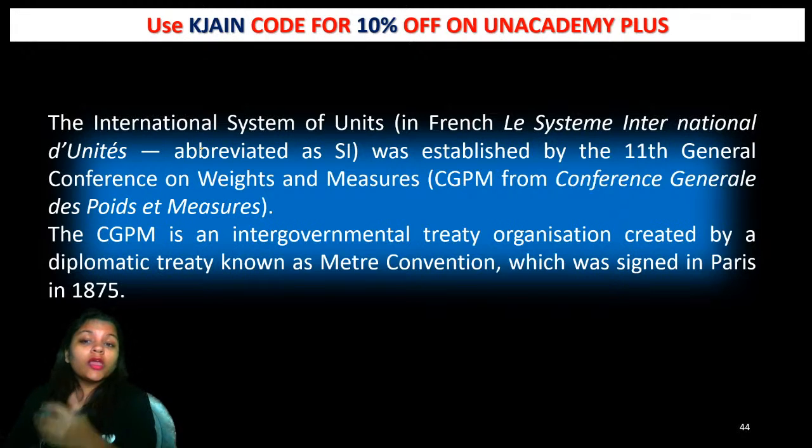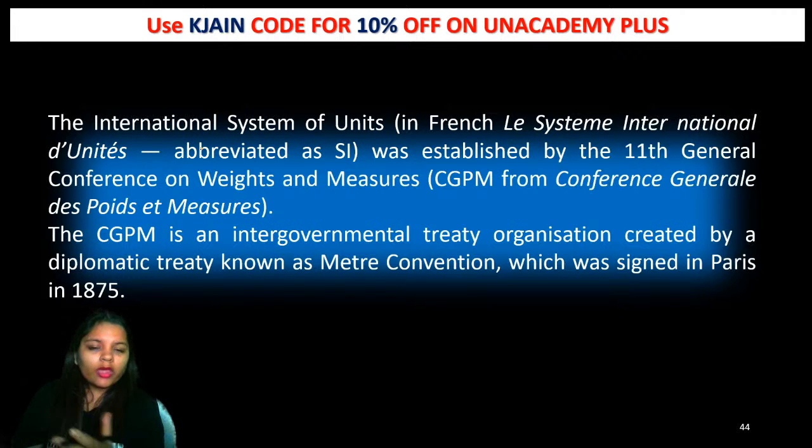For example, for length you have the meter, which is a basic unit. Area has a unit of meter square, which is developed from the meter only. So these basic units are given by the international system of units, which is also abbreviated as SI.